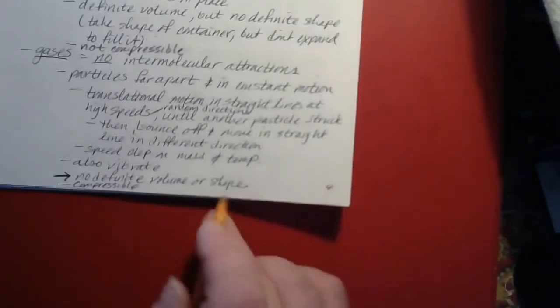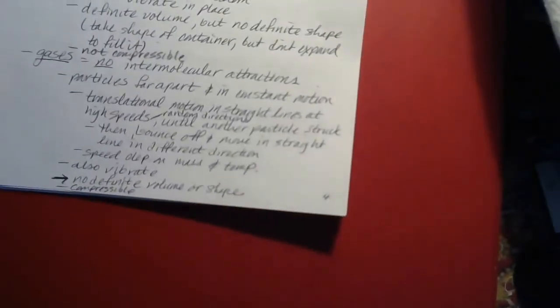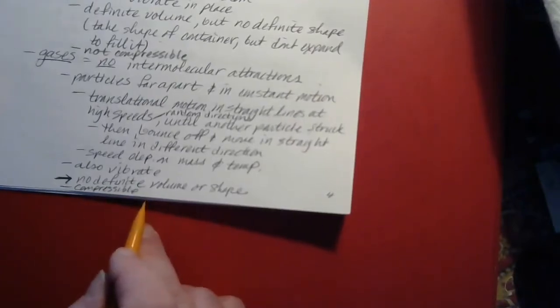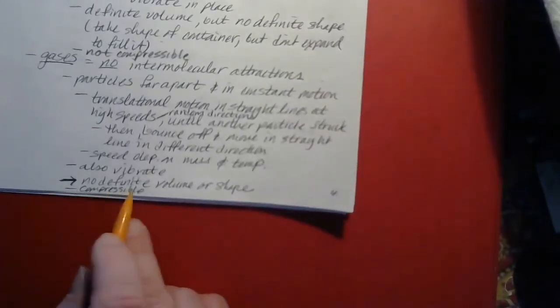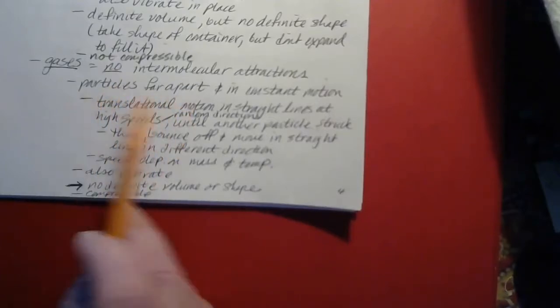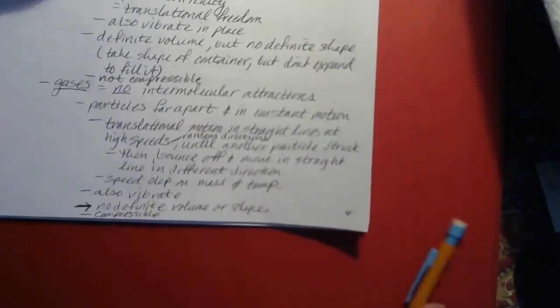If you put them in a larger container, the gas will expand to fill the container. If you put a gas in a smaller container, the particles will come closer together, and that means that gases are compressible, unlike liquids and solids. And gases, again, are compressible because the particles begin far apart from each other.